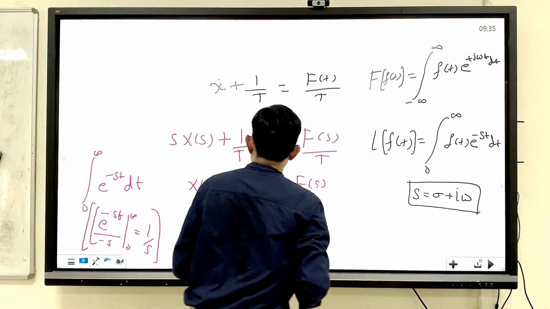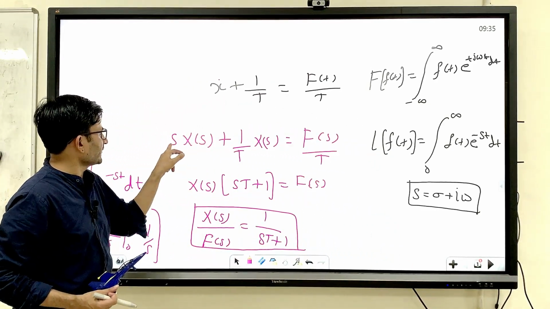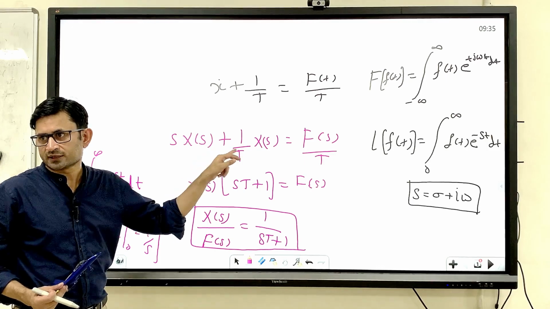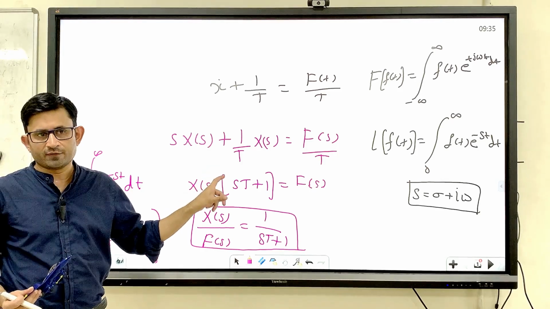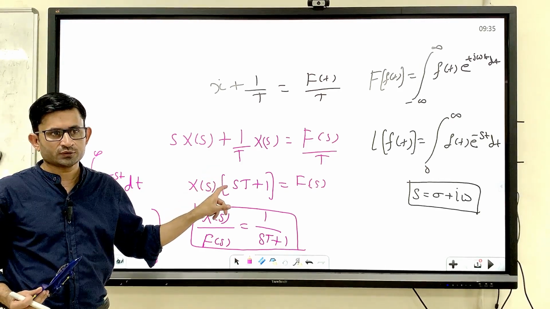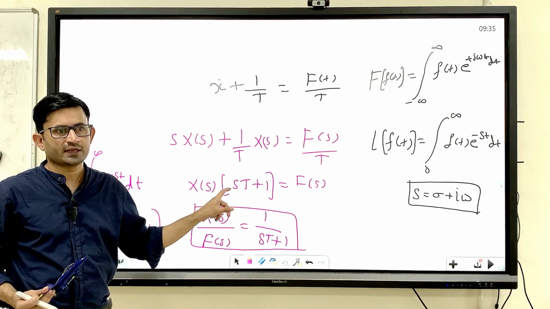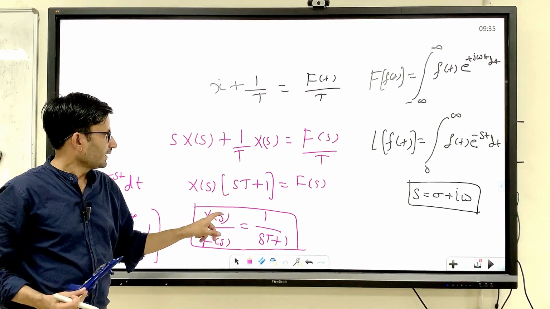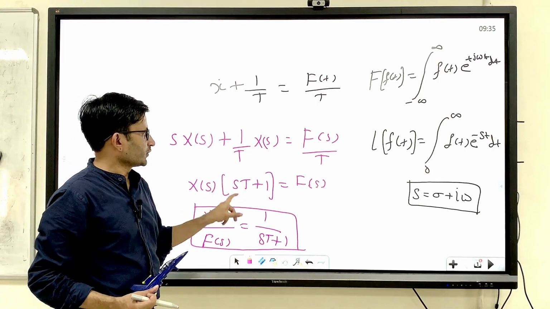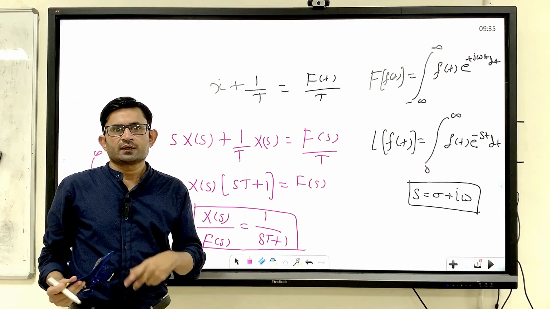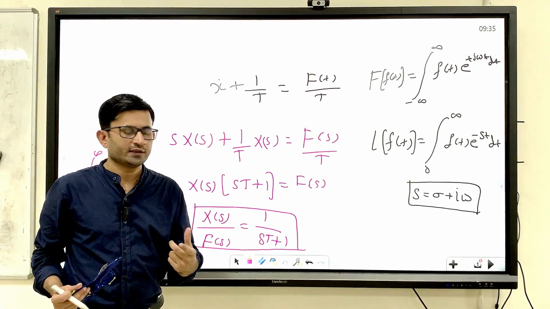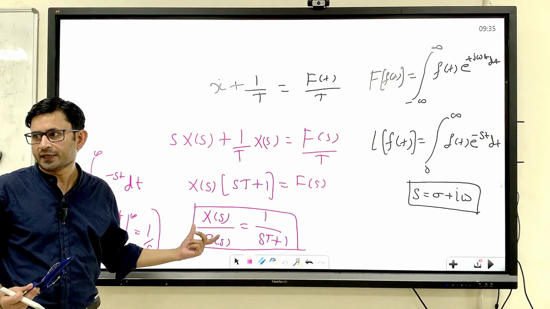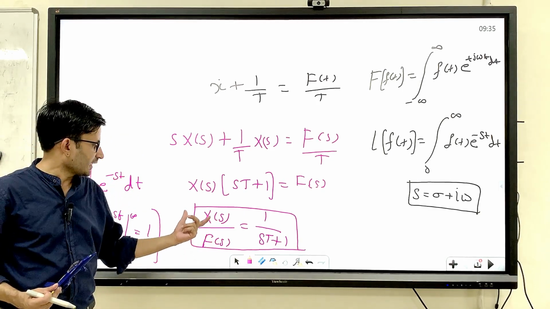Now I will explain. When I have taken this, I have written s into X of s, right? Not any initial condition. I am not putting initial condition because our system is linear time invariant, and putting initial condition 0, considering a linear system, linear also linear time invariant, only then can you write a transfer function which is output by input.